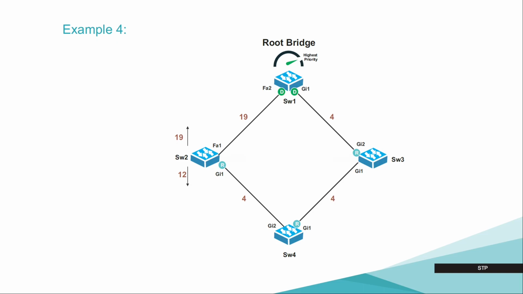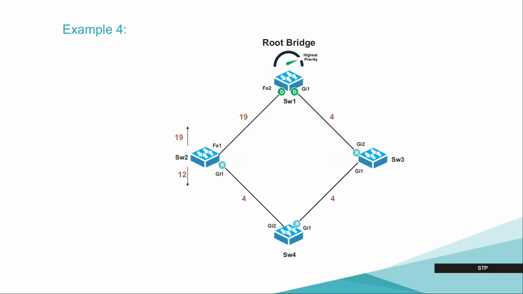So after that, we're gonna choose the designated ports and the blocked port. Switch 3 interface G1 will be designated port because it has path cost 8. Switch 4 will be designated port also because it has path cost 12. And the last interface we have is interface FastEthernet 0/1 on switch 2.